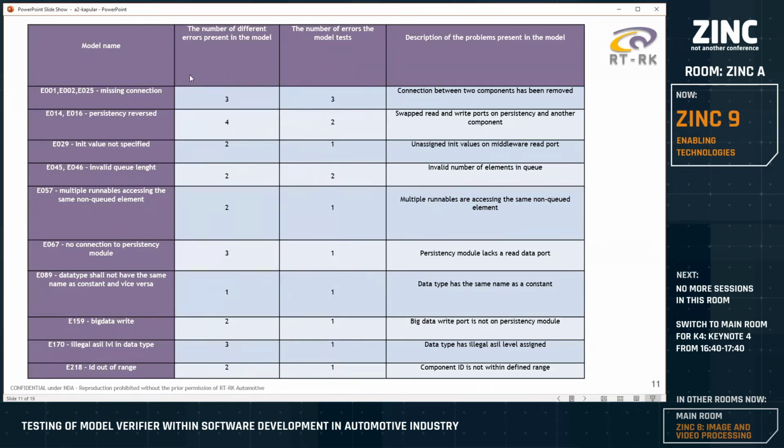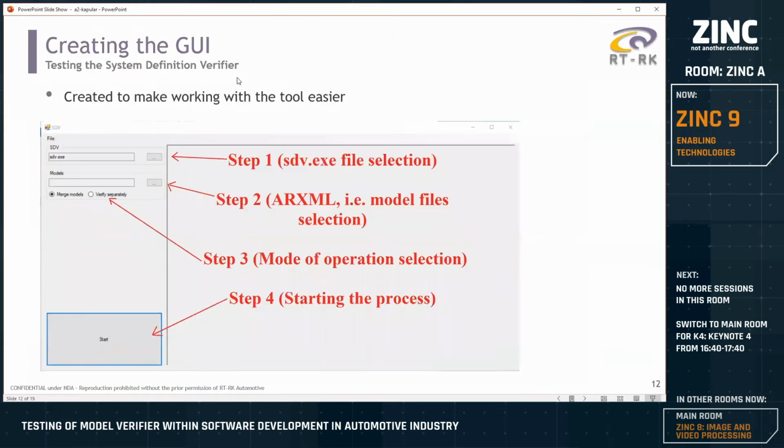We gave all the models names and descriptions, and then we created some statistics from the table. However, the tool itself is in a very unfinished state, so we had to create our own user interface to make everything a bit easier.